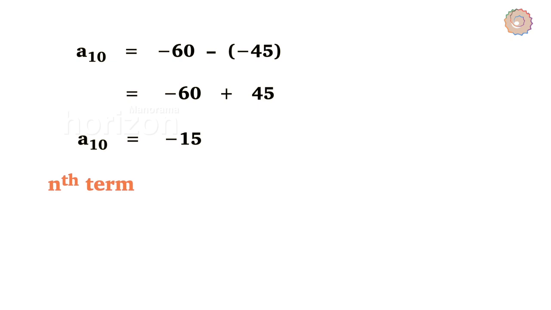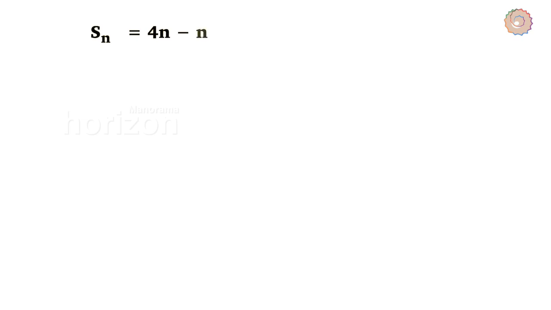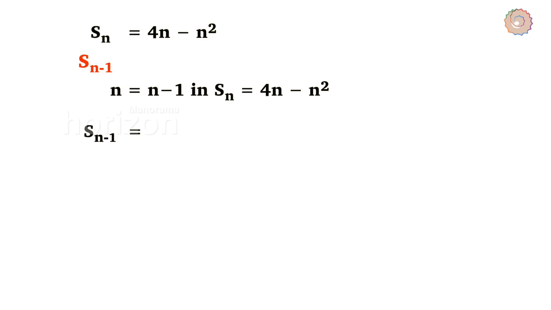Now, we need to find the nth term. An is equal to Sn minus Sn minus 1. We know Sn is equal to 4n minus n square, but we need to find Sn minus 1. For that, put n is equal to n minus 1 in Sn is equal to 4n minus n square equation. So, Sn minus 1 is equal to 4 into n minus 1 minus n minus 1 square.